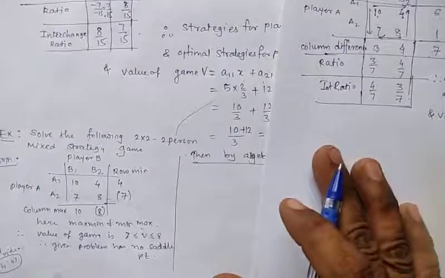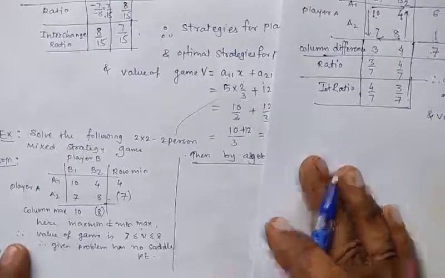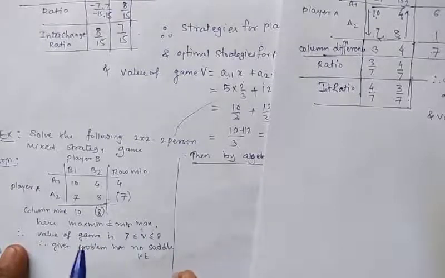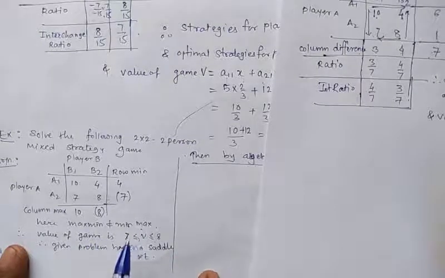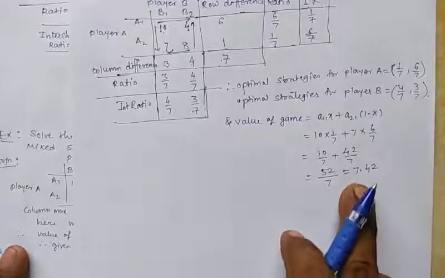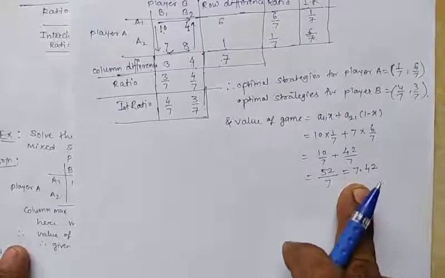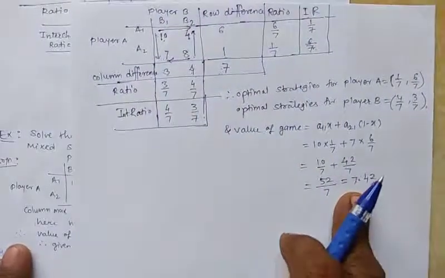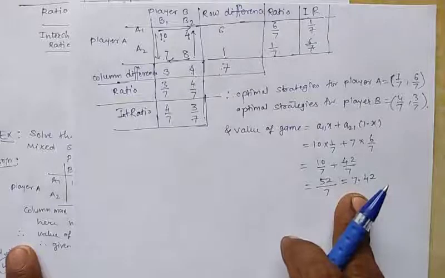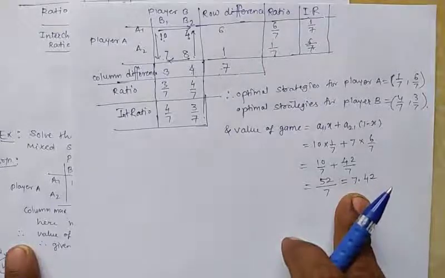In this problem, the max min value is not equal to the min max value, therefore the value of game lies between 7 and 8, and here we get the value of game is 7.42. Okay, therefore this algebraic method is to solve the problem when the given problem has no saddle point.